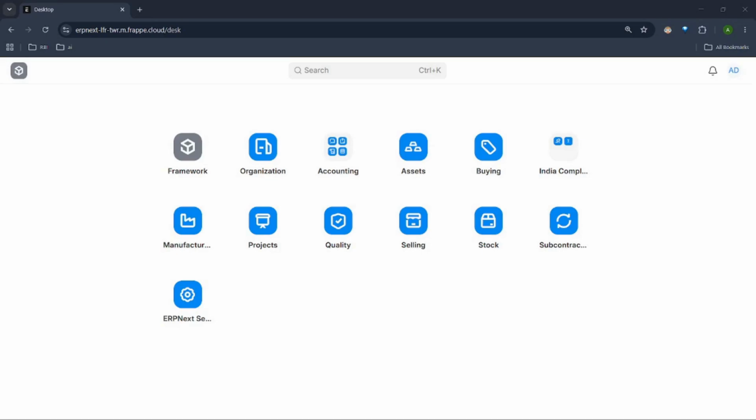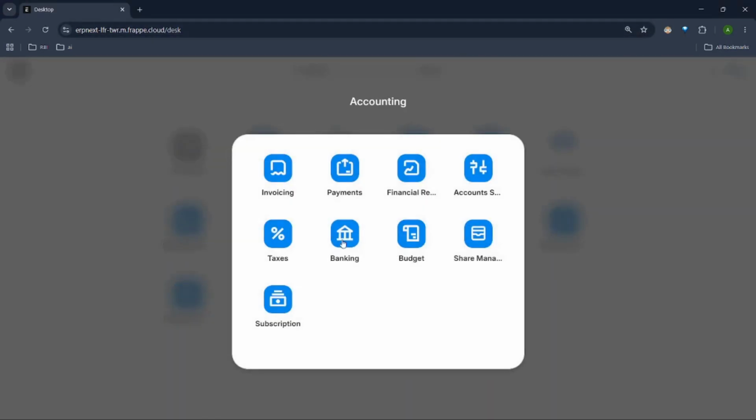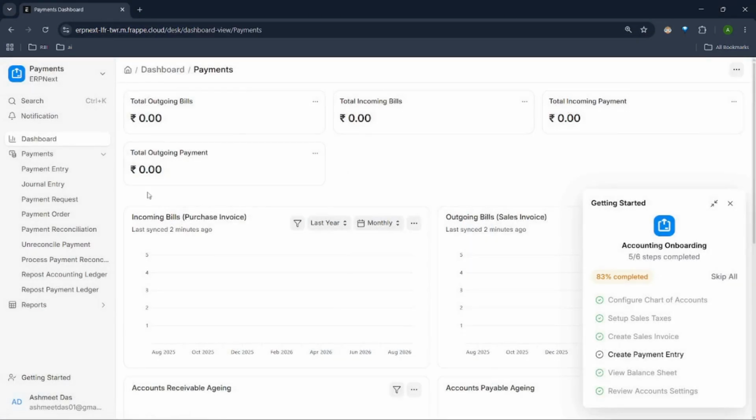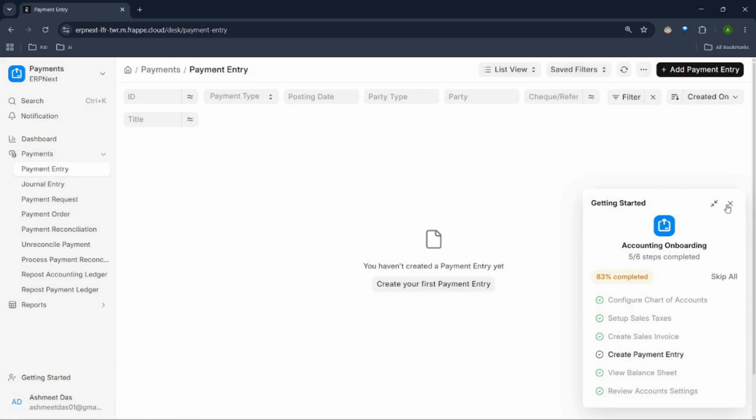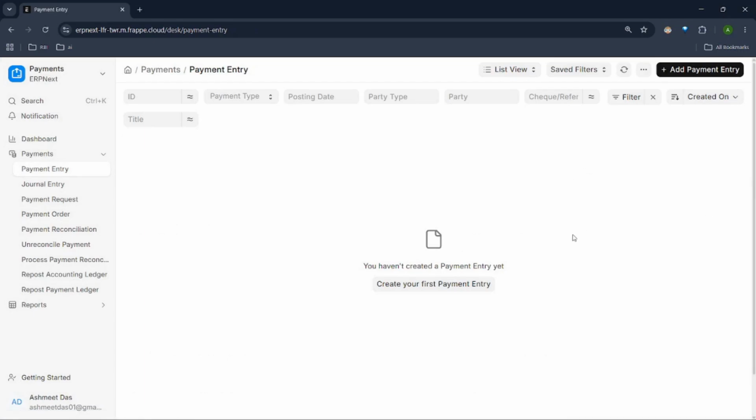Now moving on to payments. In a payment entry, we record transactions of payments where we buy or sell our goods, where there is an actual exchange of money. We generally make a payment entry when there is a sales invoice or purchase invoice.